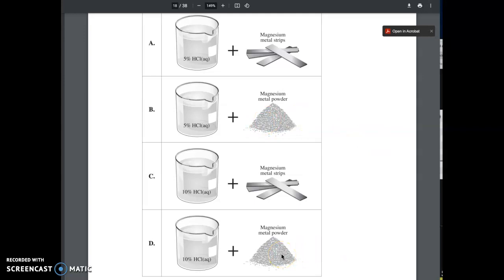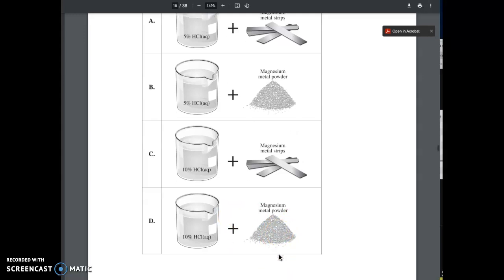And stirring or heating it up would also make it react faster. But the other thing you want is a more concentrated acid. So 5% hydrochloric acid per volume, not as strong as 10%. So we're going to go with this one here. So stronger acid, metal powder, bigger boom.